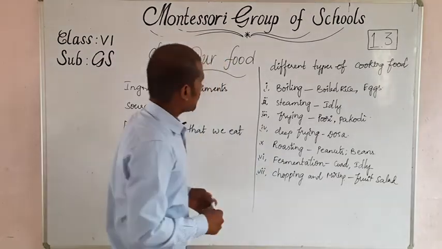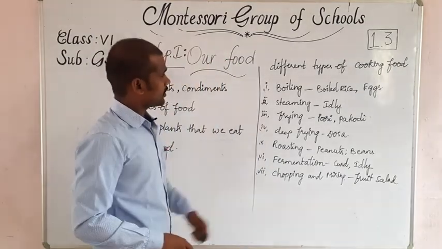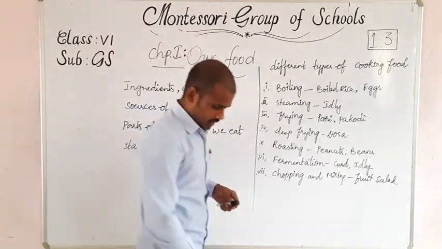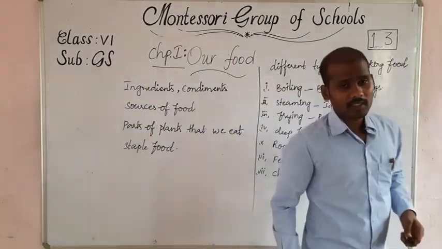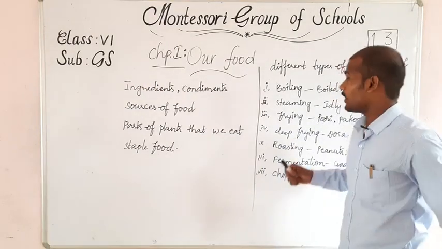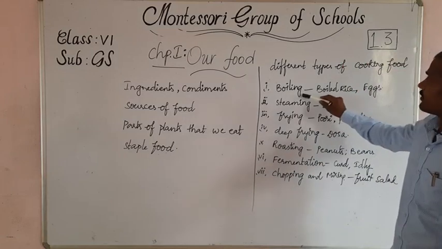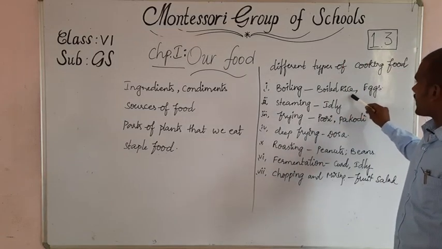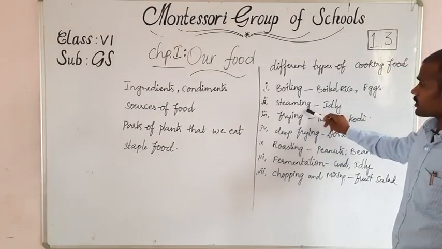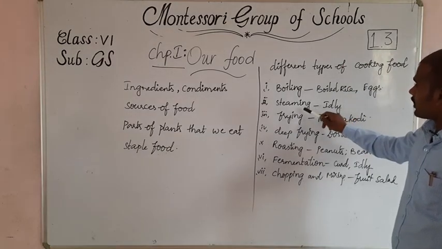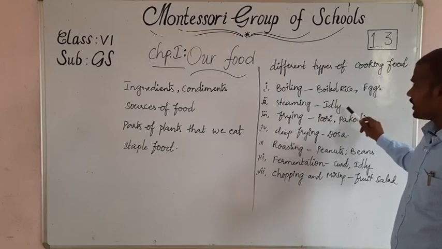Okay, so now we have discussed different types of food preparation ways. One is boiling, where we can boil rice and eggs. When it comes to steaming, an example is idli.